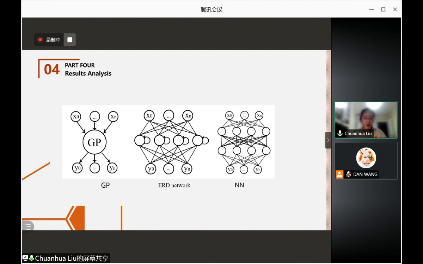So let's move on to the result analysis. We choose three comparisons for this method. One is the Gaussian process, another is the ERD network, and the other is a neural network without the physical method.